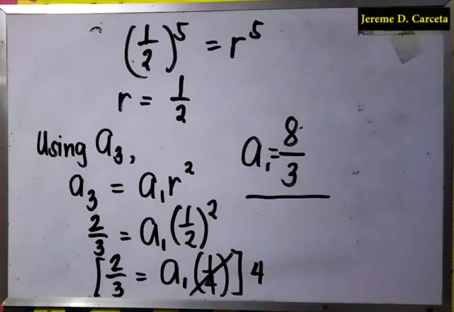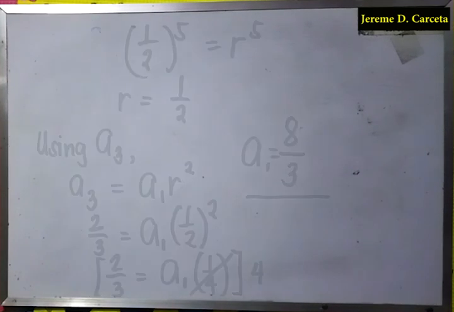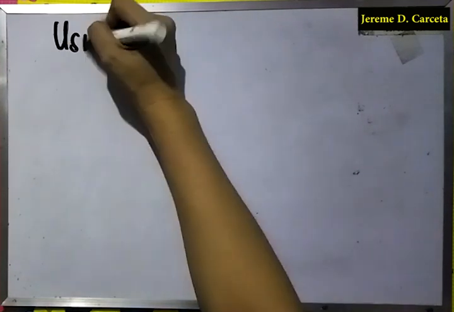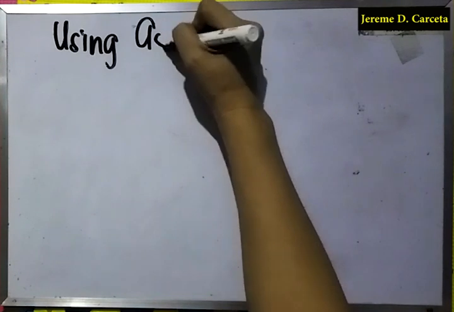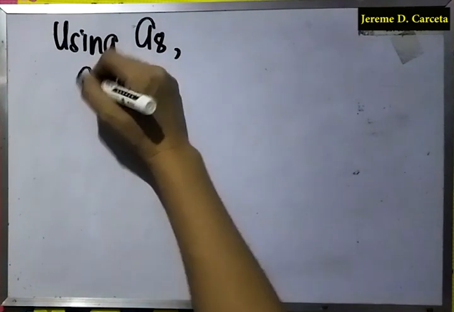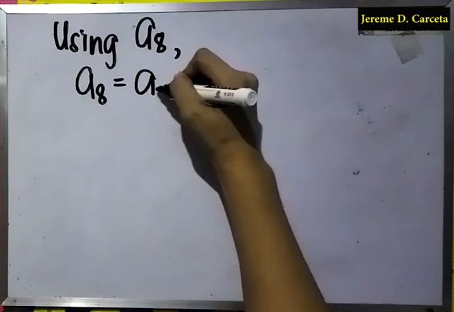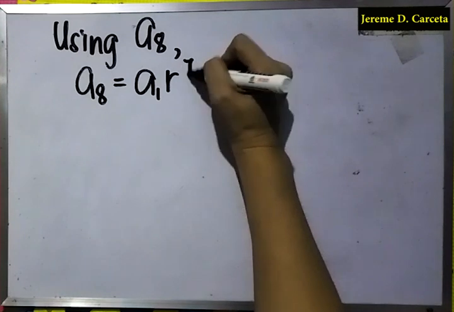Let's have another solution. Take note, we have another value which was given a while ago. That is a sub 8. So using a sub 8, our a sub 8 is equal to a sub 1 times r raised to 7.